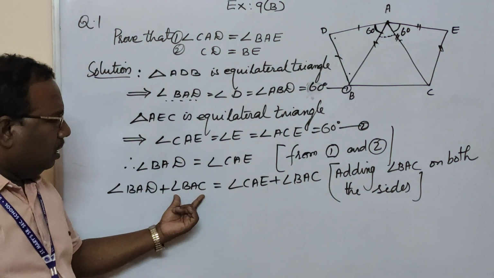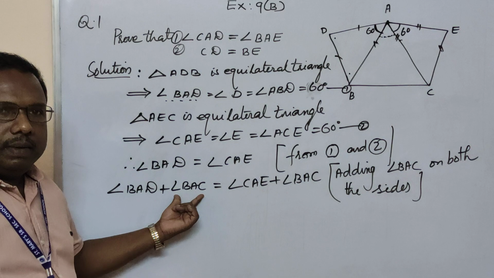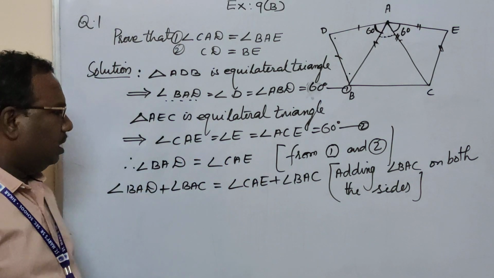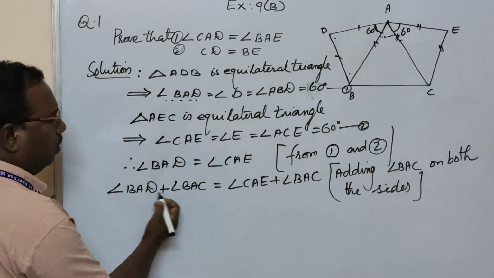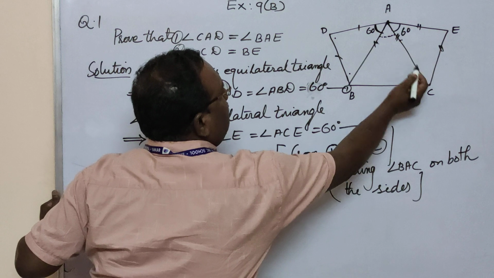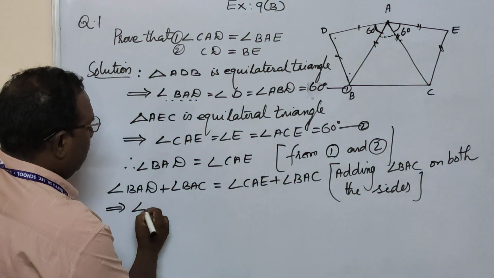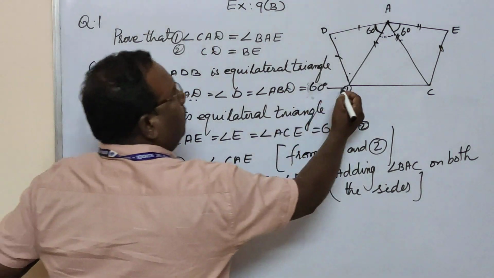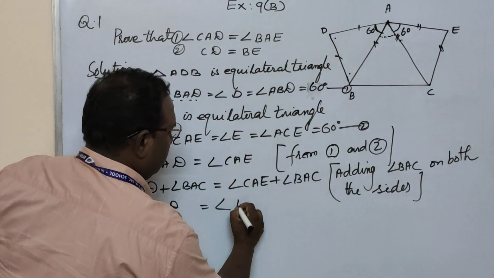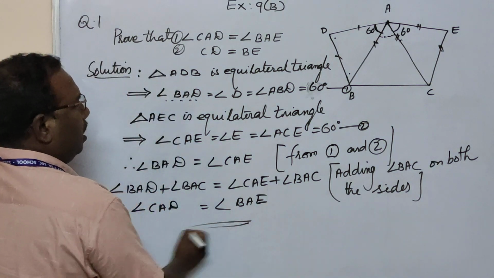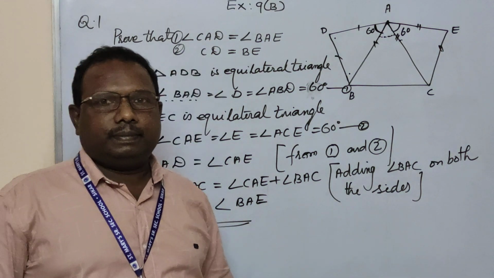We are adding the same quantity on LHS and on RHS. And after adding these two angles, what do you get? Look at the board and say, which implies angle CAD is equal to angle BAE. This is the proof of the first part.